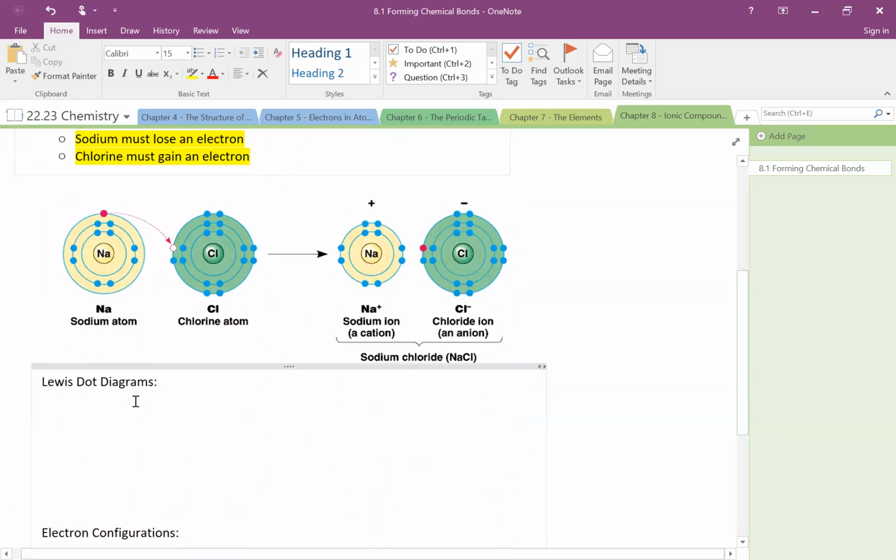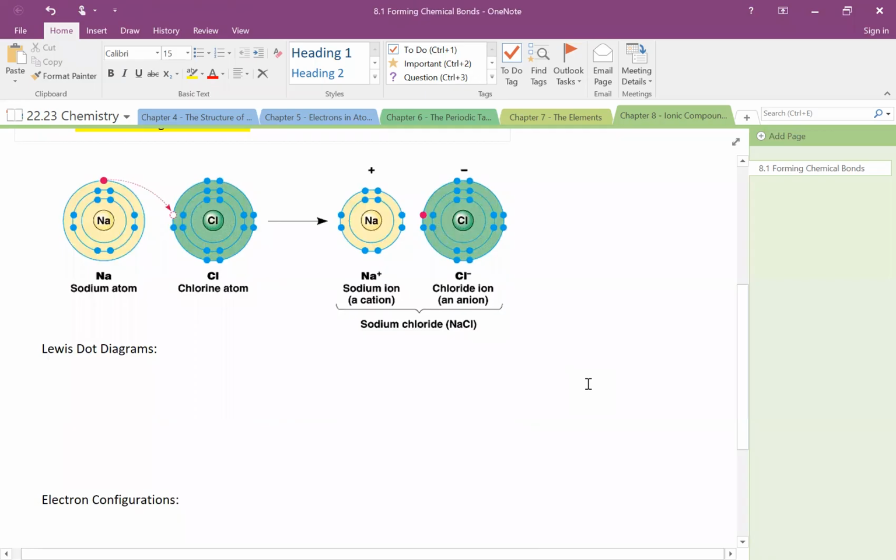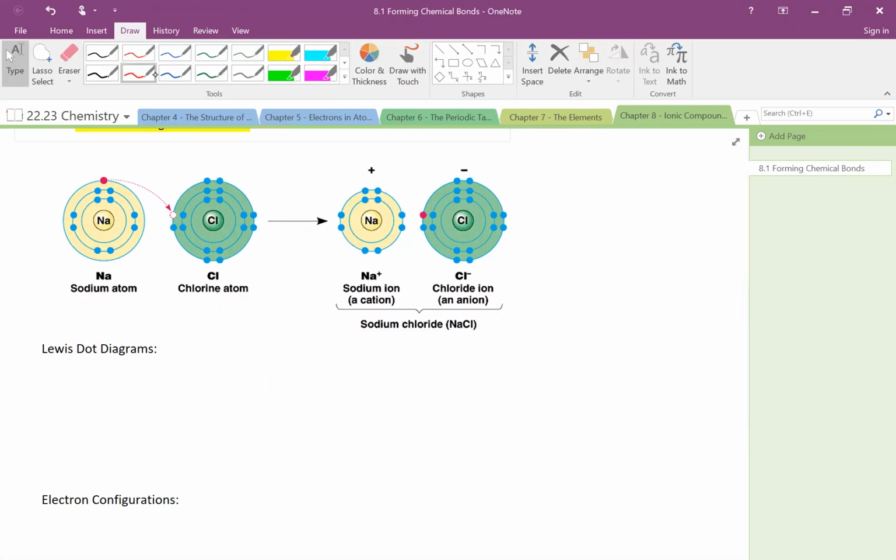So let's think about how we would draw Lewis diagrams for these 2 particles. To begin, of course, I'm going to begin with my sodium and my chlorine atoms. So sodium is Na, chlorine is Cl. I know that my sodium has 1 valence electron, so I'm just going to put that one on top. I'll do that in red, just like we did in the example.